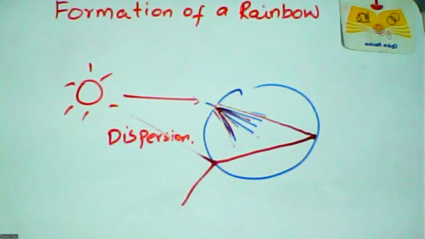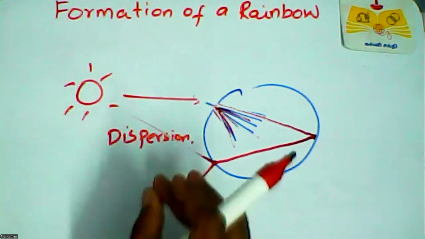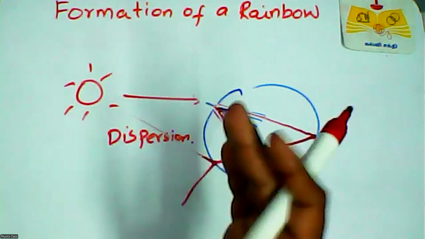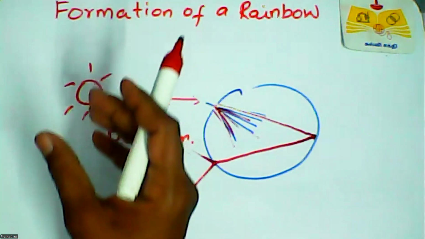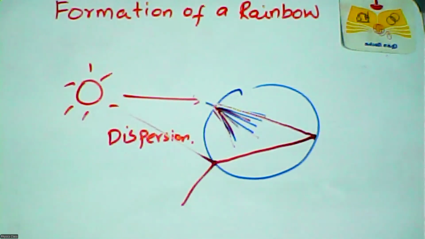You should know these concepts in the rainbow. So once refracted, dispersed and reflected, the sunlight splits into the formation of a rainbow.